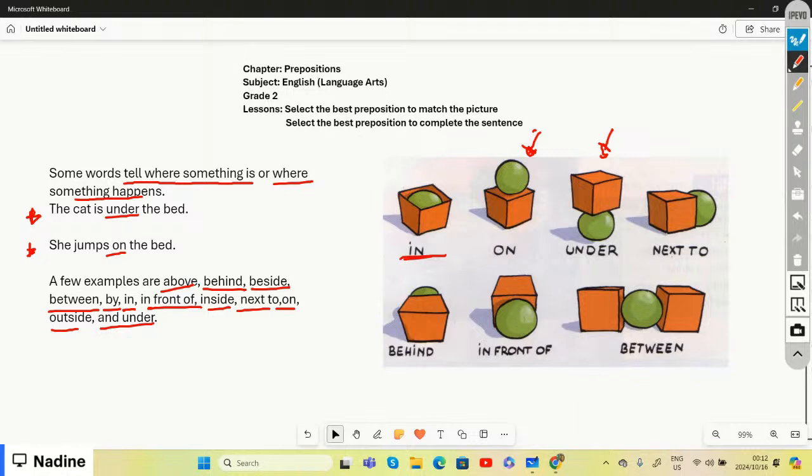It is under the box. The next one, if you were to say where the green ball is, then we can say it is next to the box.